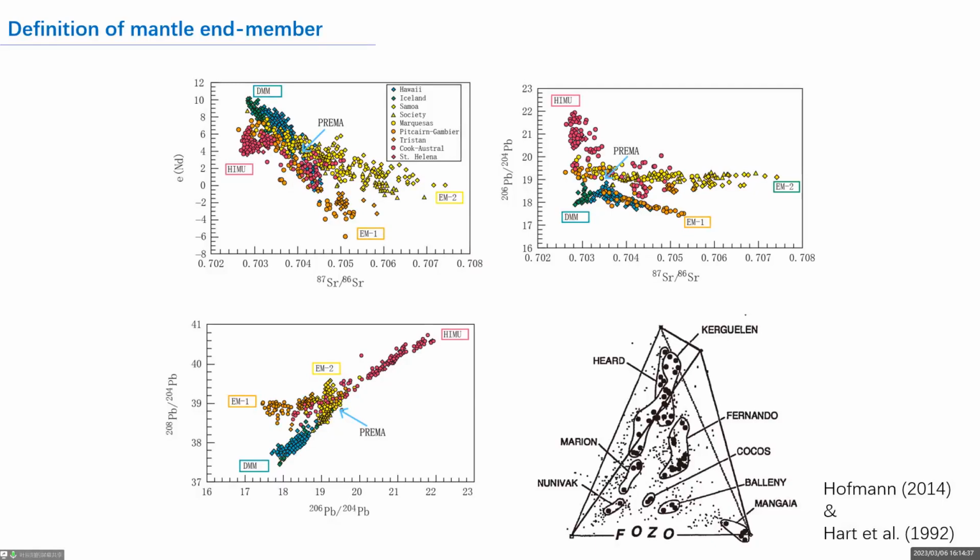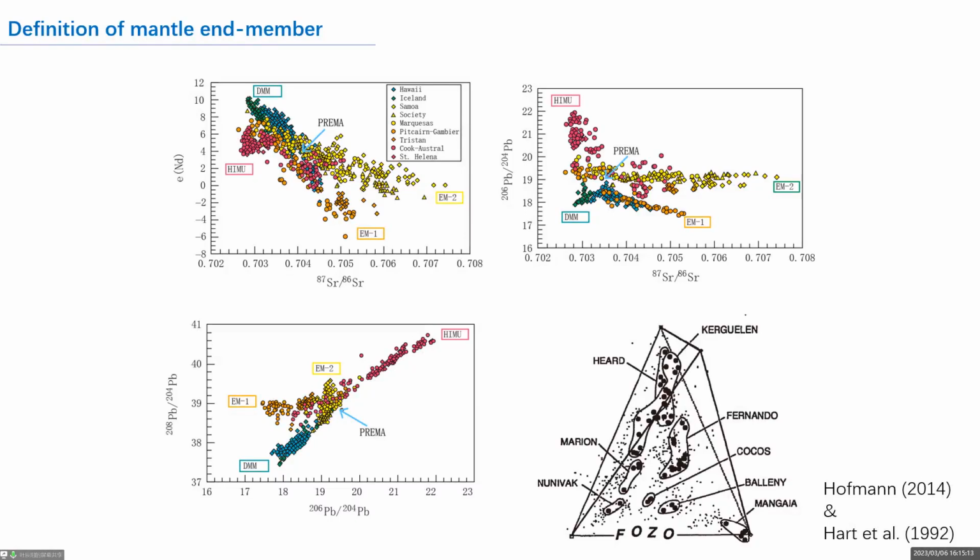They also found an area where the majority of data overlap, forming an area with the highest data density. So PREMA, namely the prevalent mantle, was given to this area. And in 3D space, Hart in 1992 found that the isotopic arrays focus on one area and they called it FOZO.